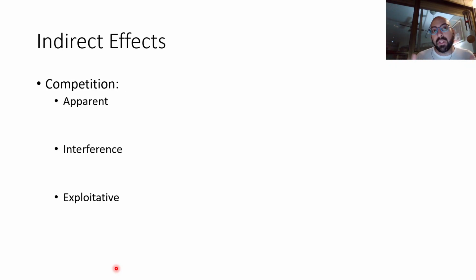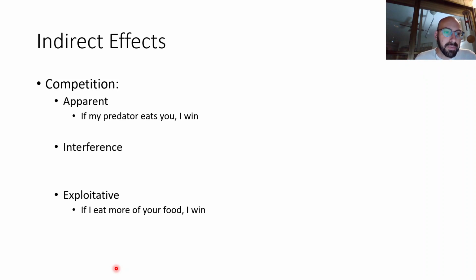And then, of course, we can go to the indirect effects. The indirect effects basically say, if I'm using another species to have an effect on you, then the interaction goes indirectly and impacts you in another way. So let's start with apparent and exploitative. These are the two extreme ones on the two sides.